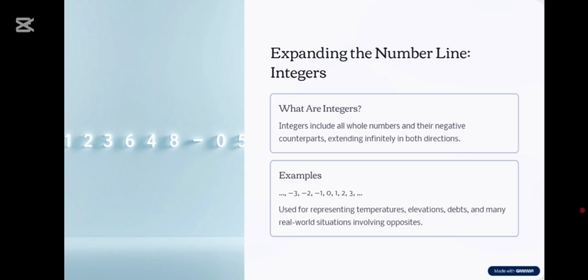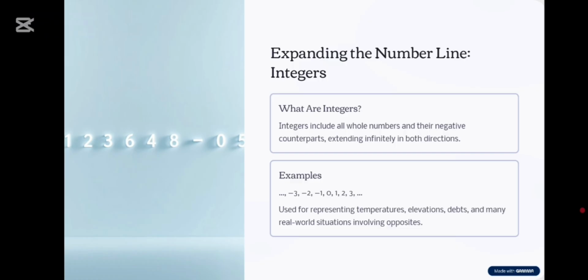We have the example given there: -3, -2, -1, then we have 0, then from 0 we go to positive numbers 1, 2, 3, going on. So there you can see that 0 has no sign. It's neither positive nor negative. It's just there to demarcate the negative numbers and the positive numbers.